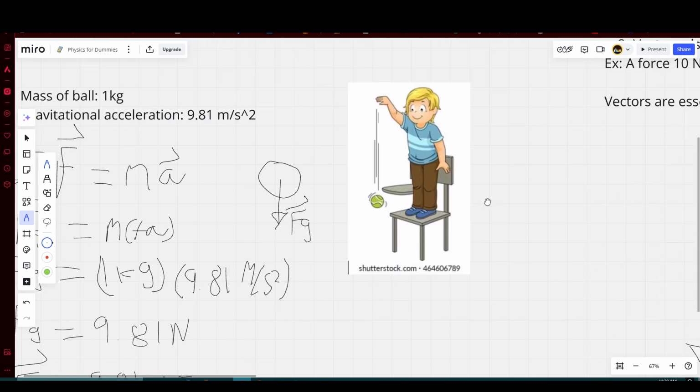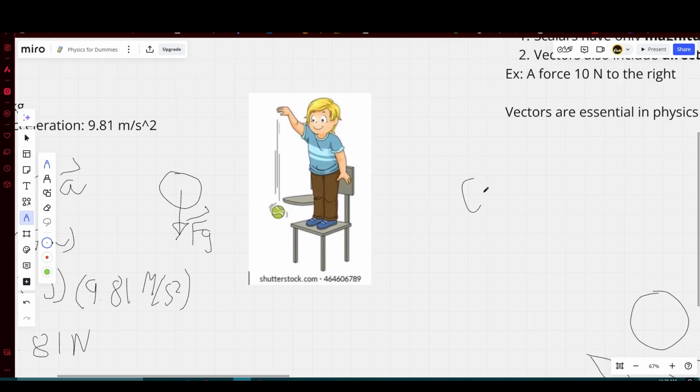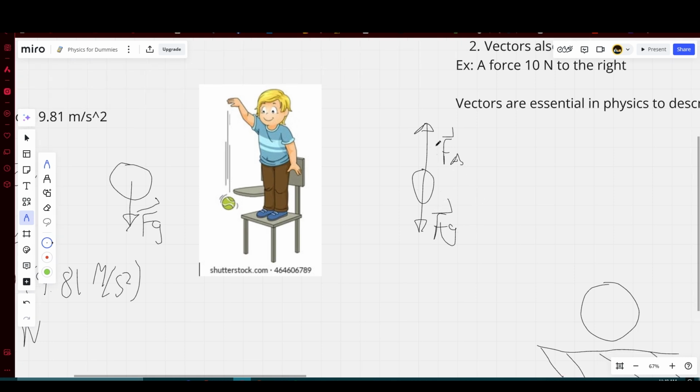For example, let's say you did throw the ball upward, then here's FG, and then here's the applied force. Now, an applied force is just a force that you yourself apply. So if you throw the ball, you apply the force on it, making it go up, but the force of gravity is still acting. Now, you have to decide which one to make positive.